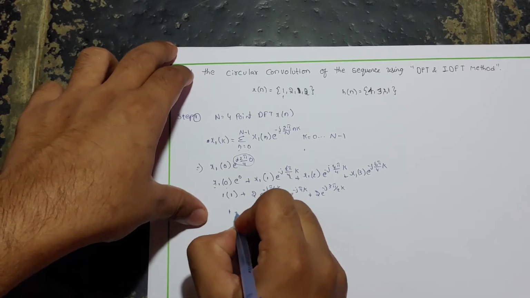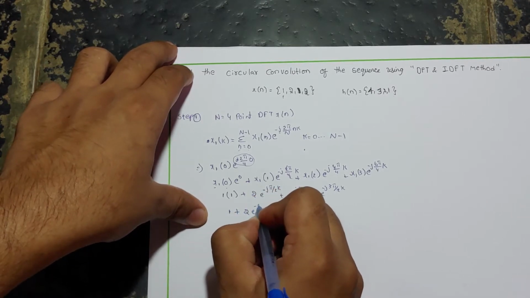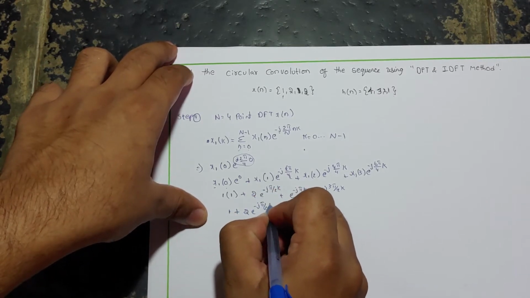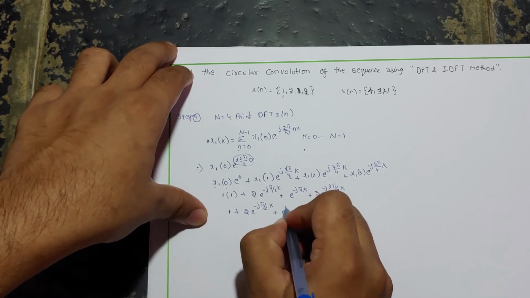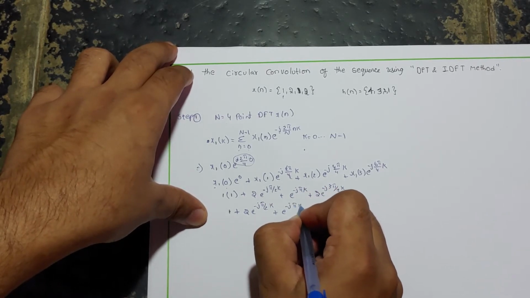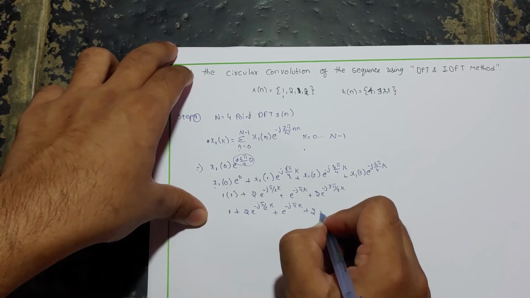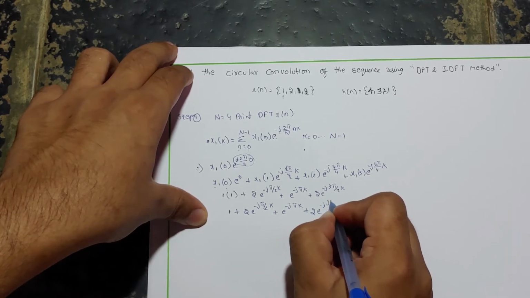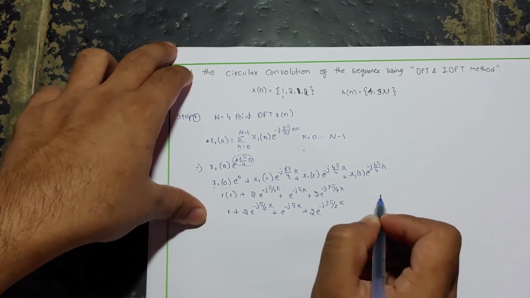That is 1 plus 2 times e power of minus j pi by 2 times k plus 3 e power of minus j pi times k plus 4 into e power of minus j into 3 pi by 2 times k.